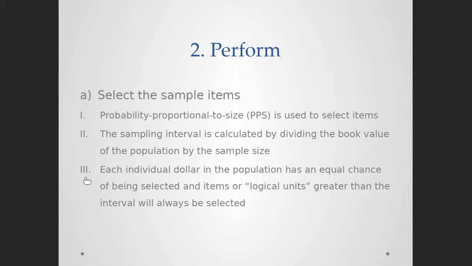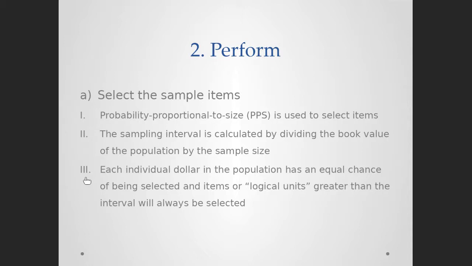That doesn't mean that balances less than 3,000 won't be selected. They will also be selected, but there may be a balance less than 3,000 that is not selected. But if there is a balance that is more than 3,000, it will always be selected.